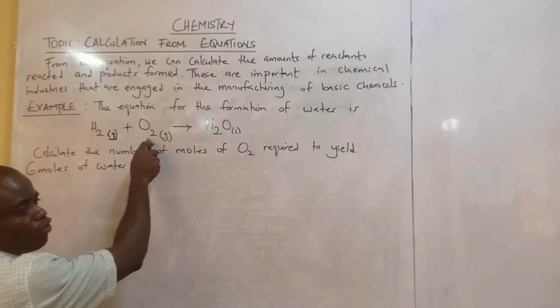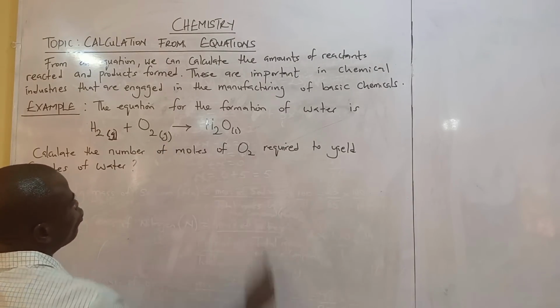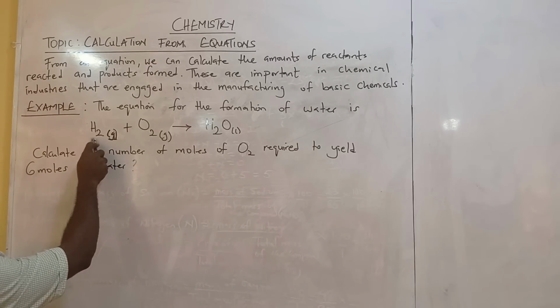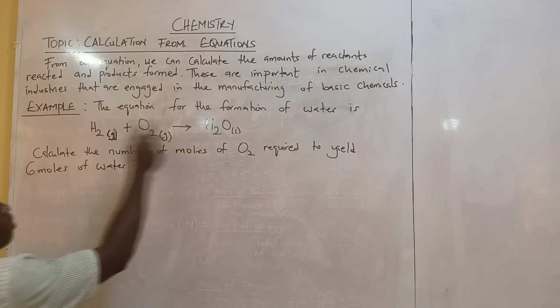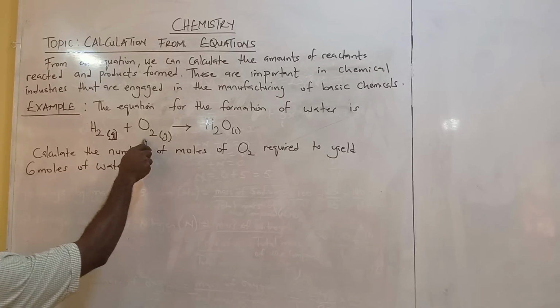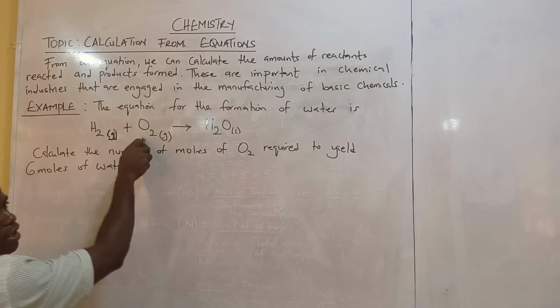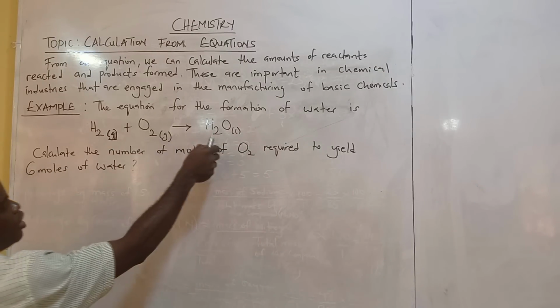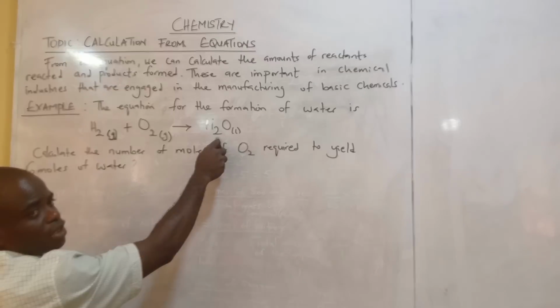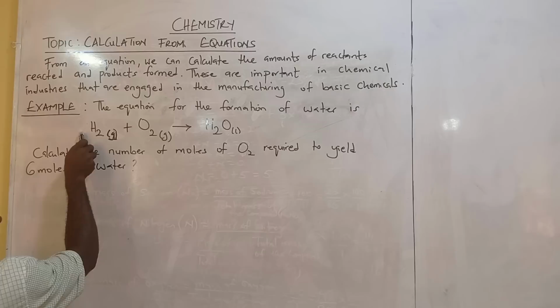Here we have two atoms of hydrogen, which is the same as this, but for oxygen, we have one atom here. This water is the product. These are the reactants. At the product side, we have one atom of oxygen, but what we need to do is to balance.